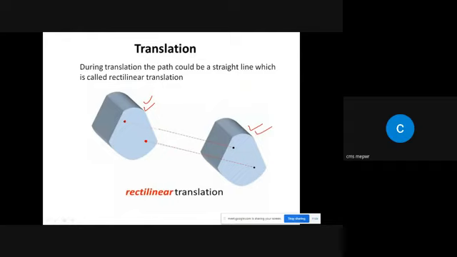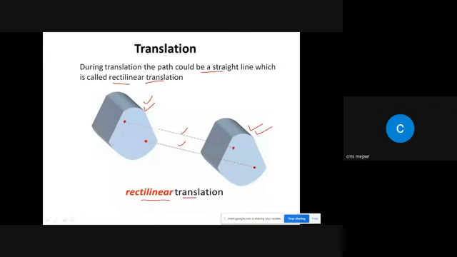The points that we had initially are following some path, right? So during translation, the path could be a straight line as shown over here, the path followed by both particles, which is called rectilinear translation. If the path that the translation follows is a straight line, that type of translation is known as rectilinear translation.